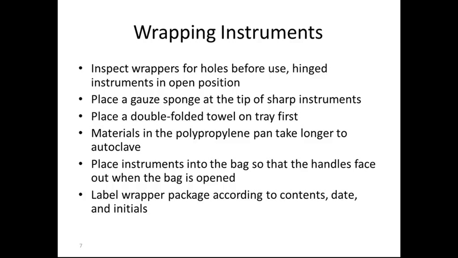Wrapping instruments: it's important to inspect wrappers for holes before use. Hinged instruments must be in the open position. You must place gauze sponges at the tips of sharp instruments to prevent holes being poked through. Place a double folded towel on the tray first. All instruments are usually double wrapped.